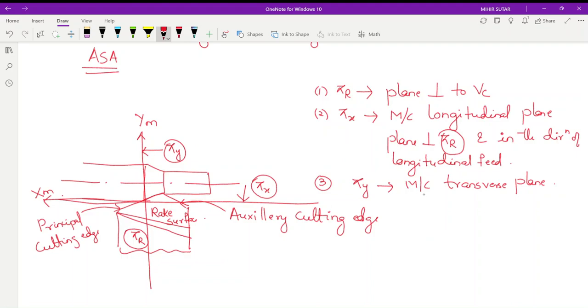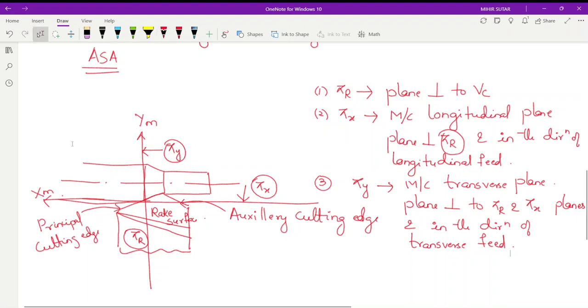The plane which is perpendicular to both pi r and pi x planes, and in the direction of your transverse feed. That is your pi r, pi x, and pi y plane.